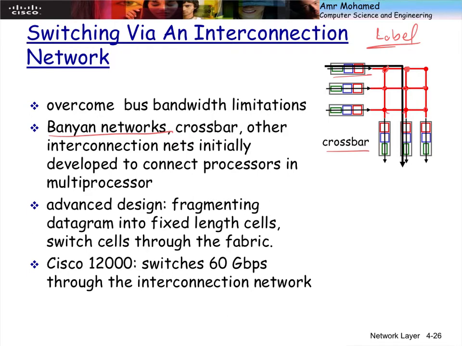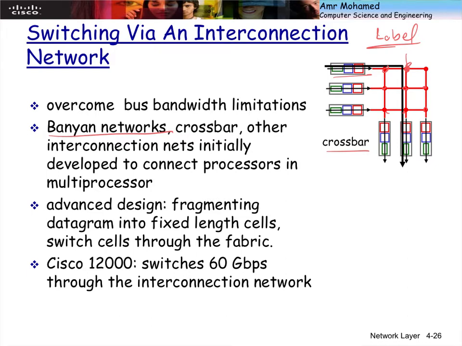So the routing processor can light or activate one cross or intersection point to allow this input port to go to this output port. This is done by controlling these intersection points. So that's one: I don't need labels.